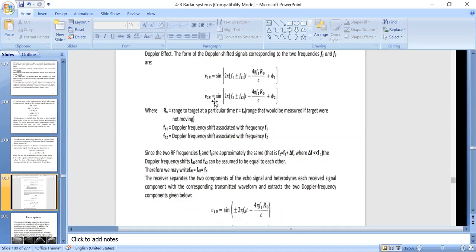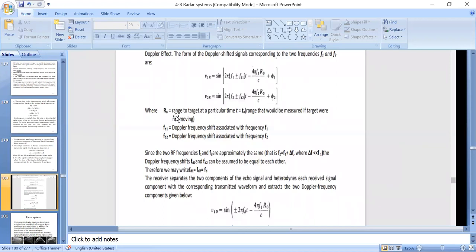In a similar manner, V2R is equal to sine of 2 pi f2 plus or minus fd2 into t minus 4 pi f2 r naught by c plus phi 2. Simple, here we are representing the Doppler shift concept, right? The plus or minus fd1 multiplies the time information, and these are the phases phi 1 and phi 2.